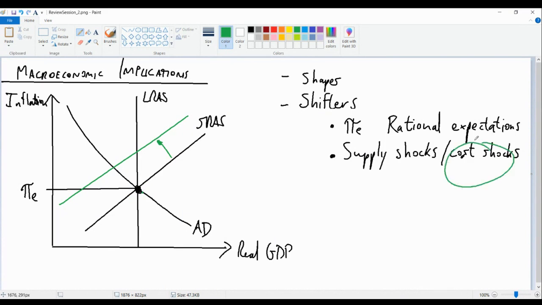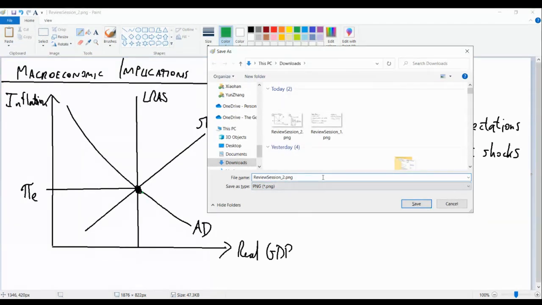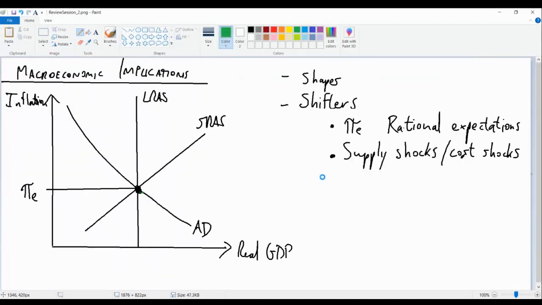Of course, if this cost shock persists for a long time, then this inflation is no longer going to be a surprise. The people will rationally figure that out, and expected inflation would eventually adapt. Okay, so those are the shifters for these curves.